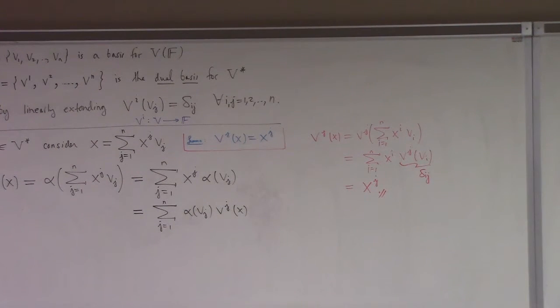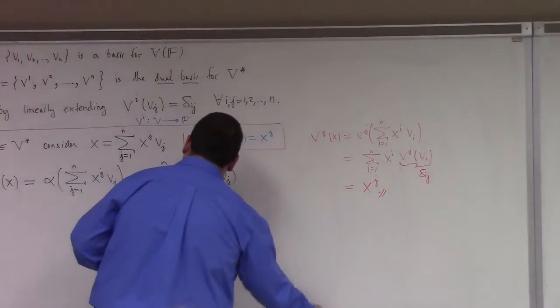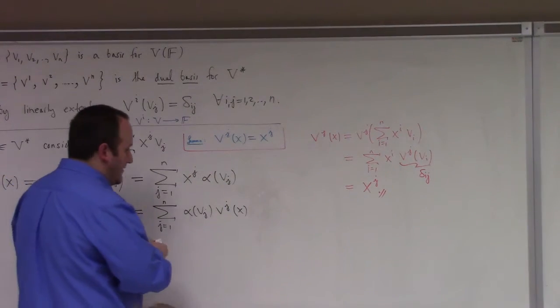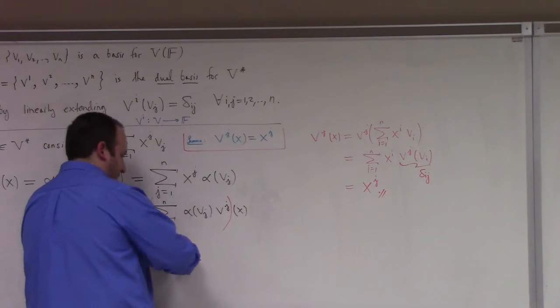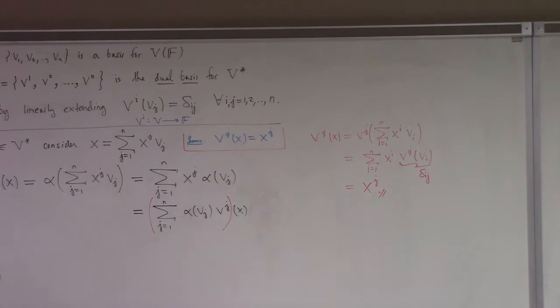By the definition of how we add linear transformations pointwise, if you study how to sum linear operators together, you can put parentheses like this. In fact, it's this transformation acting on x, which is to say what?